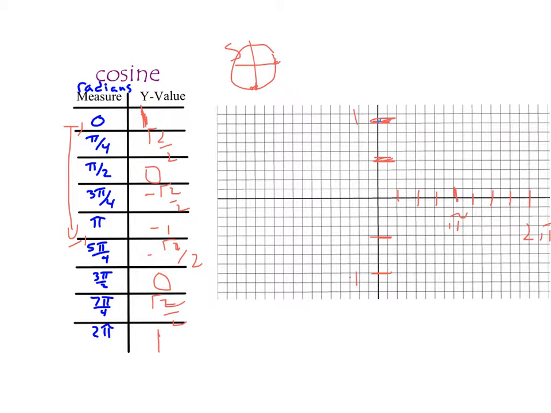So 0, 1, I'm going to change colors here to blue. That is this point for cosine. And then pi over 4 is the first little line I've got, so I'm skipping one, so pi over 4 is that first red line. Square root of 2 over 2 is 0.707, so right about here. Pi over 2 is this line right there, so that's going to be 0. And then 3 pi over 4 is negative square root of 2 over 2.